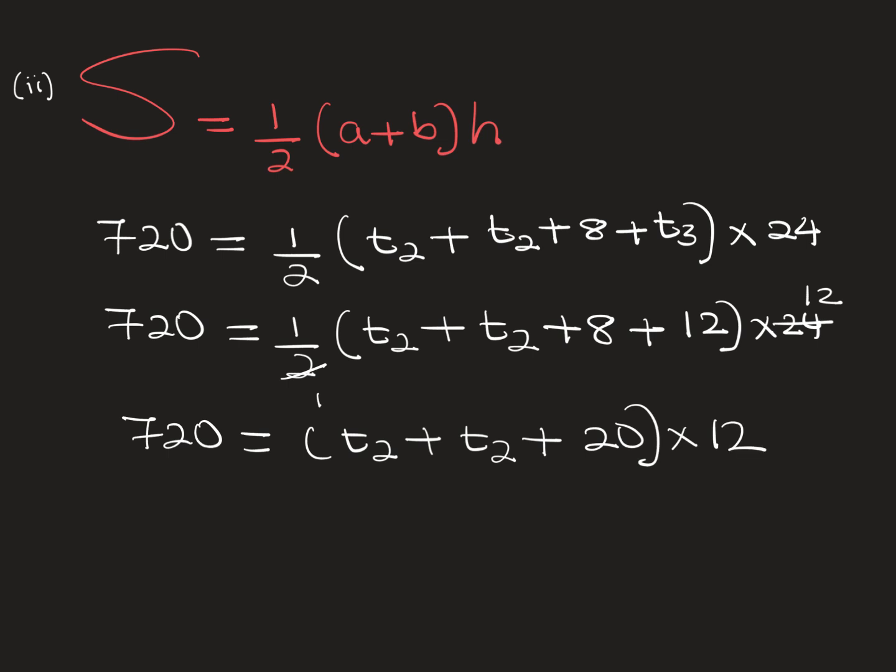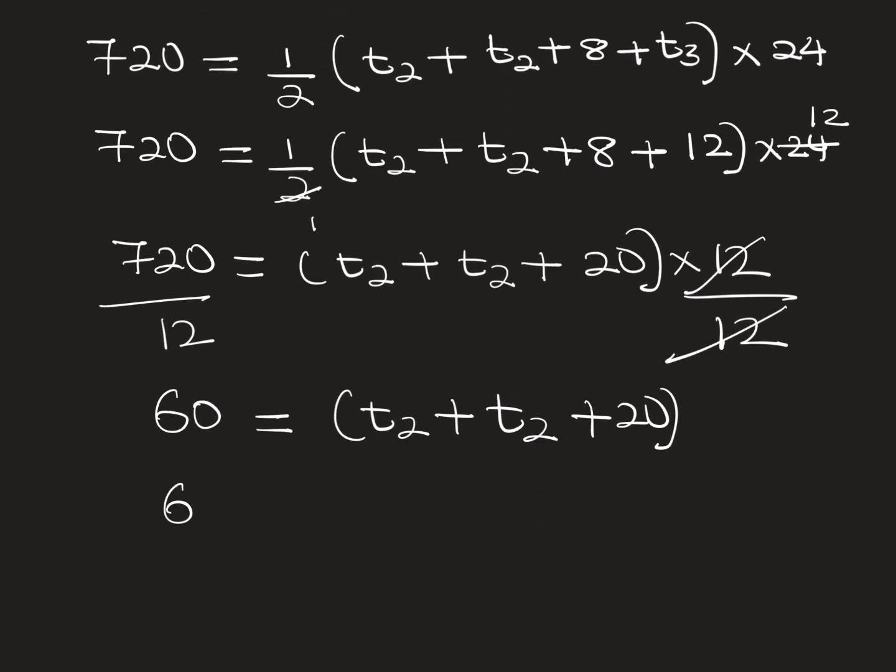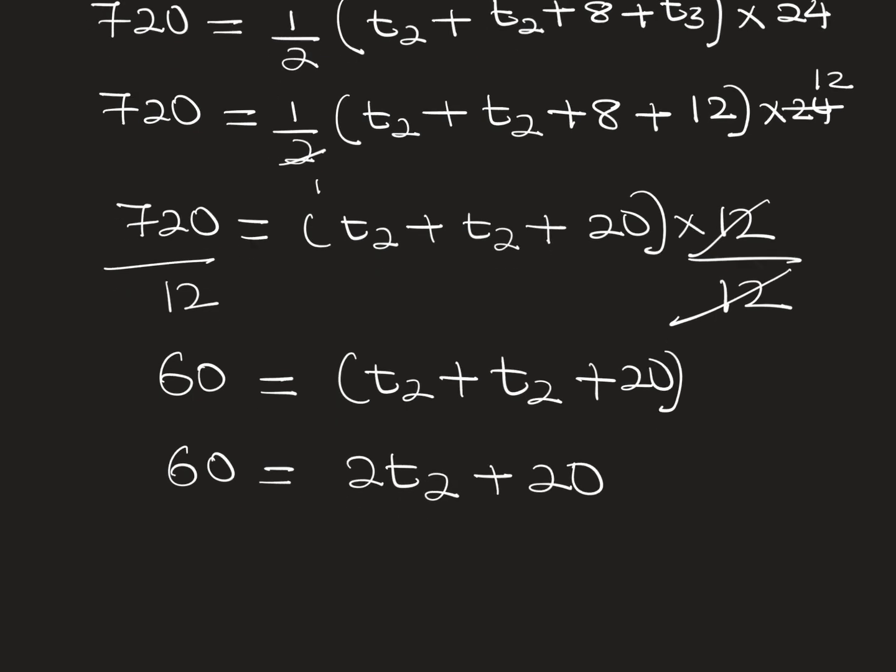So what I can do next, I can divide both sides by 12, to have 720 divided by 12 as 60 is equal to T2 plus T2 plus 20. So 60 is equal to T2 plus T2 is 2T2, then plus 20.